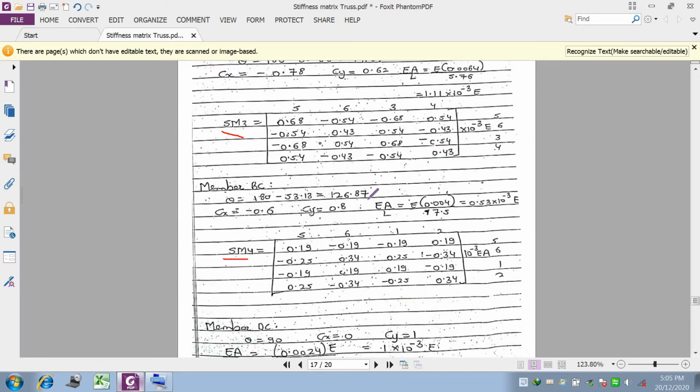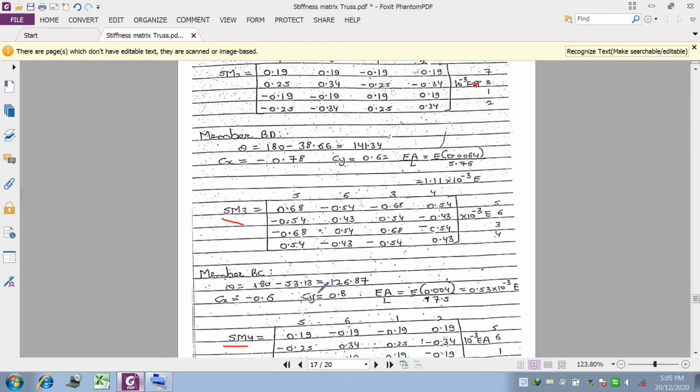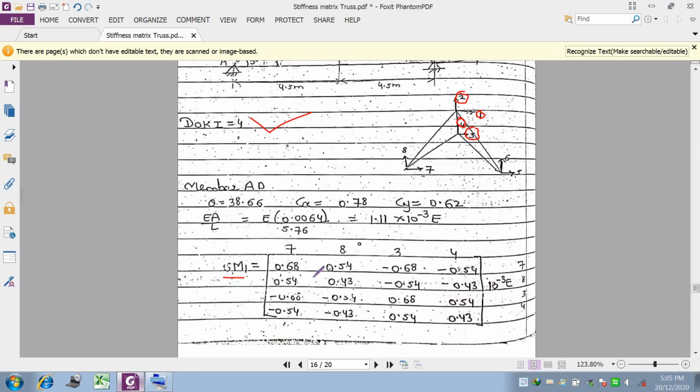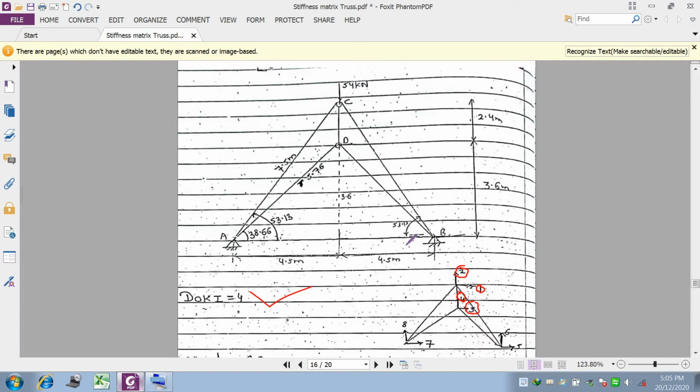Then similarly you have to calculate the values for the next member, that is BD. The angle is 180 minus 53.13. How does this value come? As the angle is given as 53.13, but we know very well that we have to measure the angle from the anti-clockwise direction.